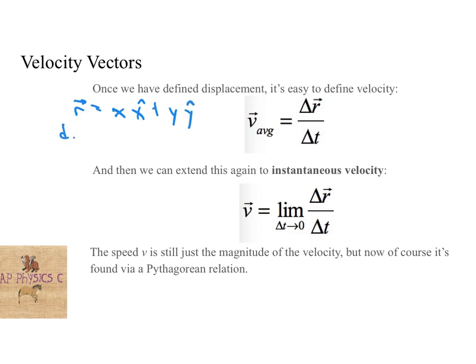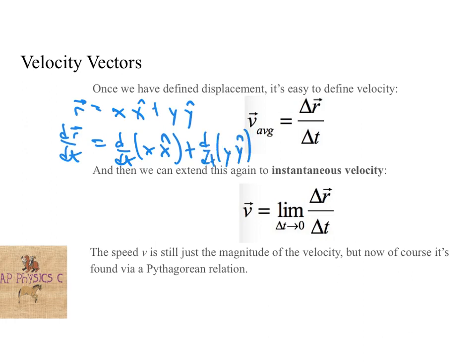So then dr dt, which is the velocity, well, it's the derivative of this whole side, but the derivative of a sum is the sum of the derivatives, so it's d dt of x hat plus d dt of y hat.